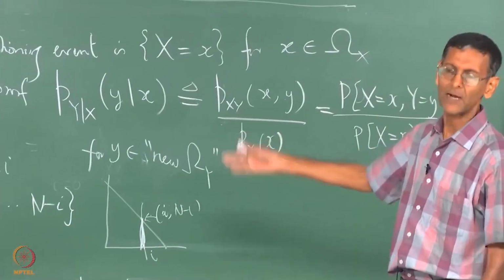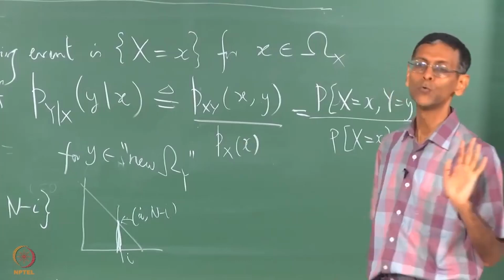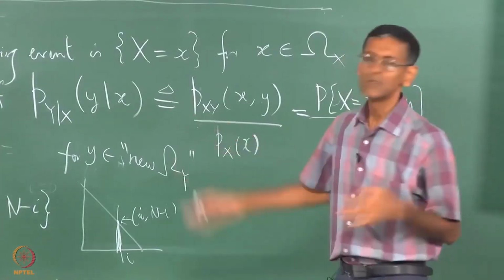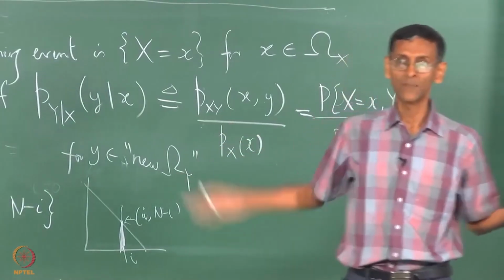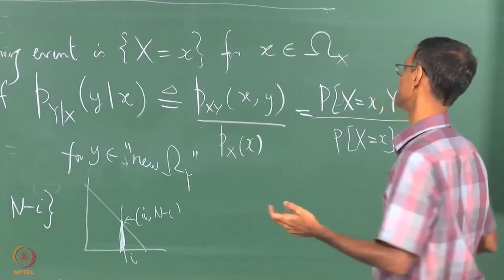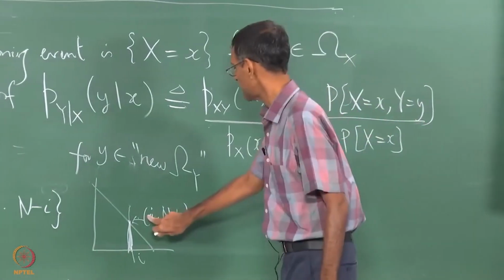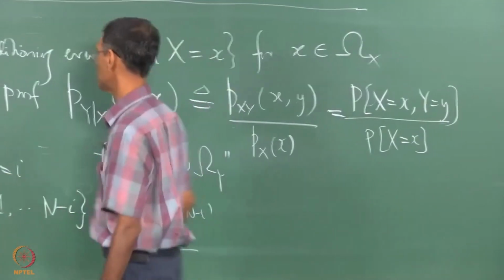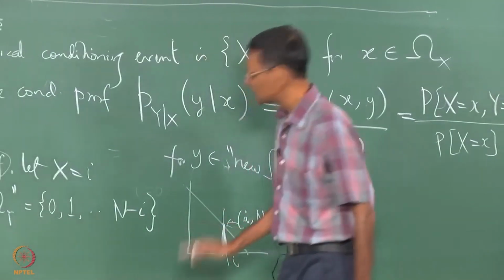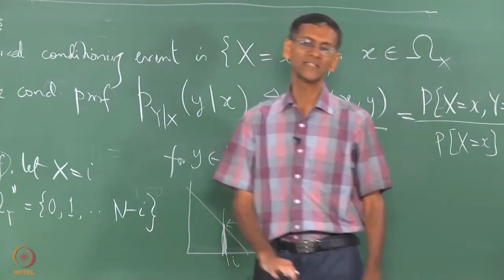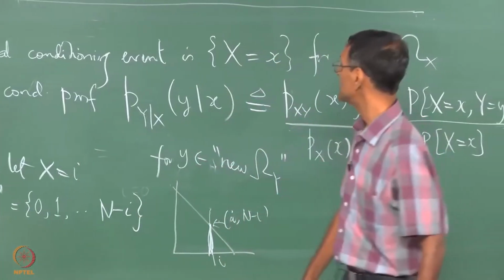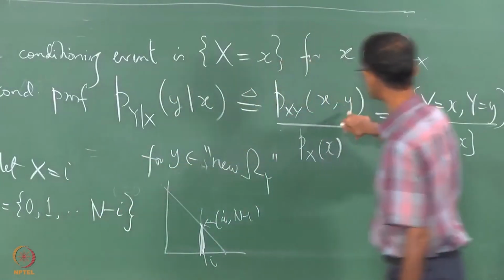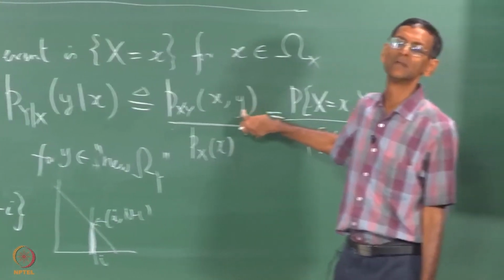Incidentally, this new omega Y is my notation and you will not find it in books, but I have to call it something, so I am calling it that. It is my terminology. But it is crucially important to freeze this before you proceed any further, because these are the values that you are going to allow for this y.